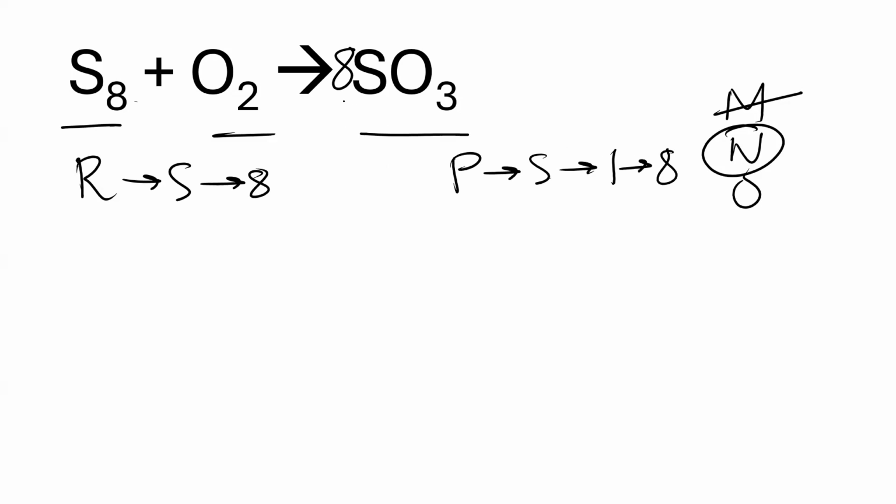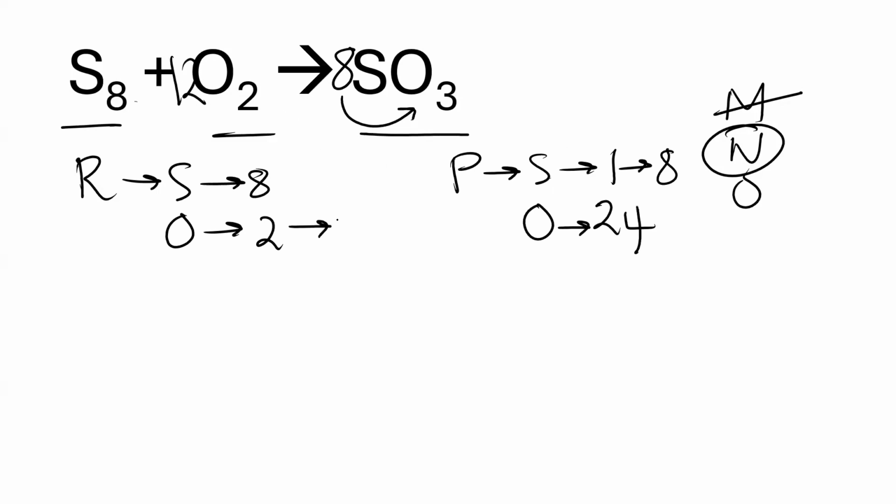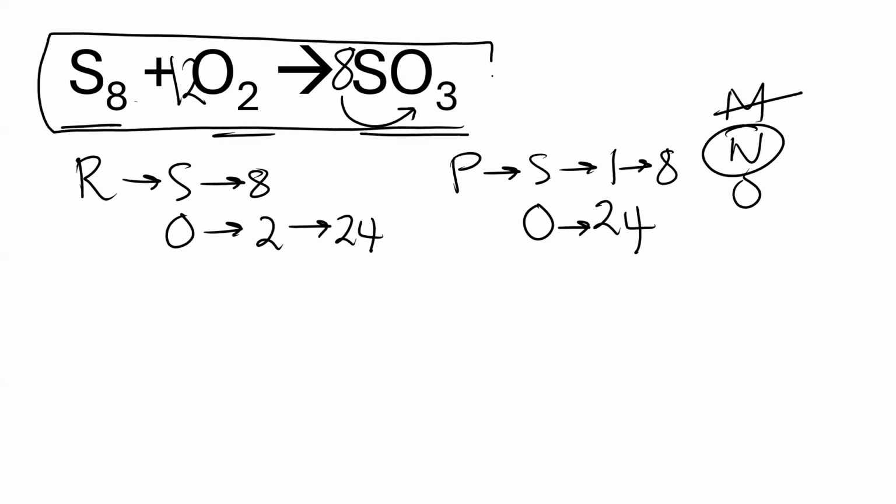And then our oxygen is balanced next. We have 2 here. Oxygen here is 8 times 3, that's 24. Therefore, we place 12 here to balance that out to 24 on the reactant side. Then that's the balanced chemical equation already. So you notice how easy the process is. That fast, that quick, we're able to balance this chemical equation.